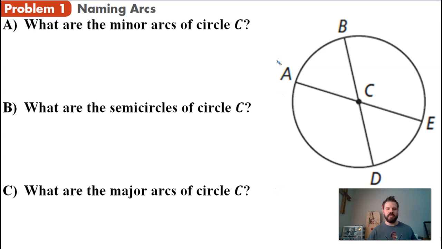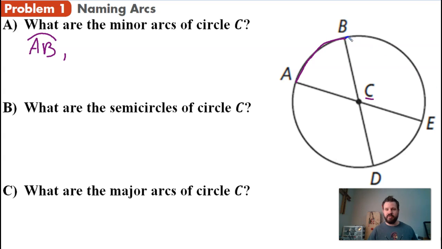So we have a circle, and problem 1, part A says, what are the minor arcs of circle C? A lot of times you'll name a circle with just the point at the center. We said minor arcs are arcs that are smaller than a semicircle. So AB would be a minor arc, and we'll write that as AB with an arc on top of it. What else do we have?